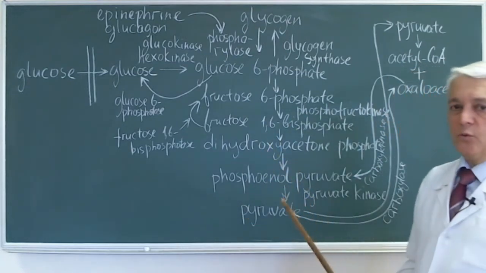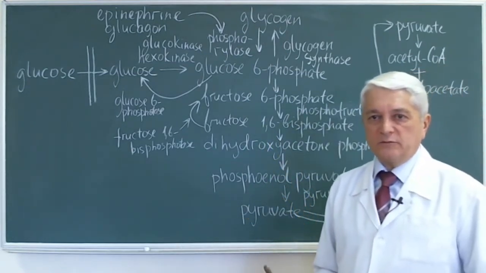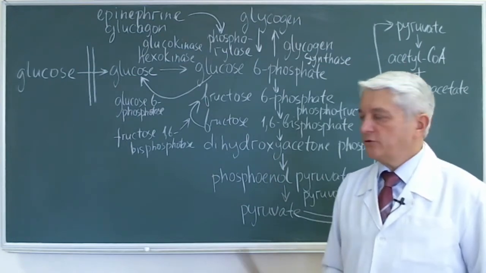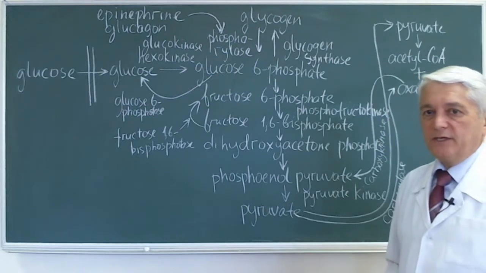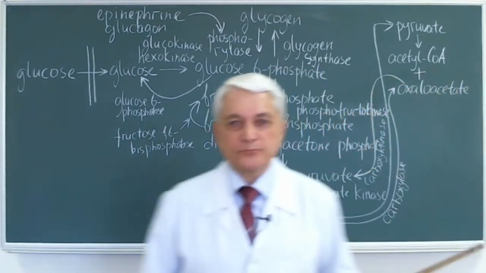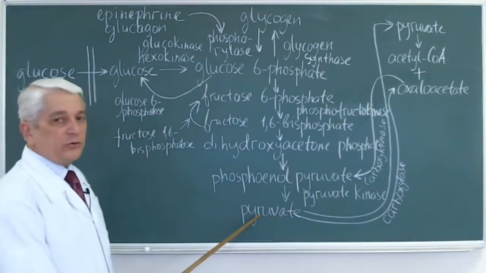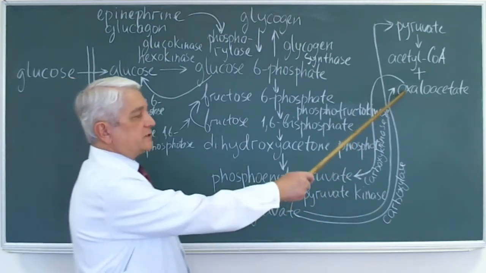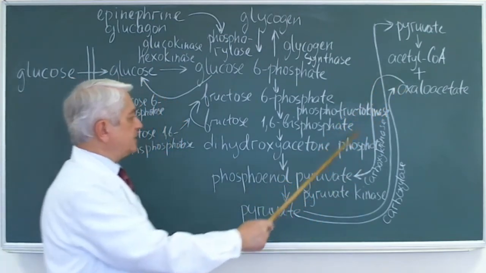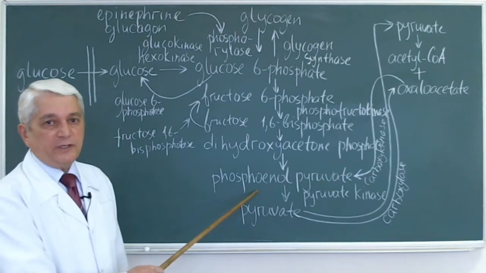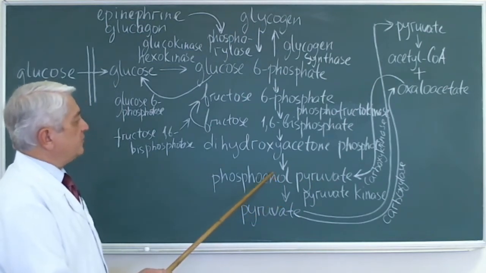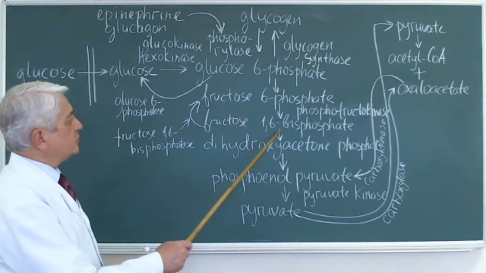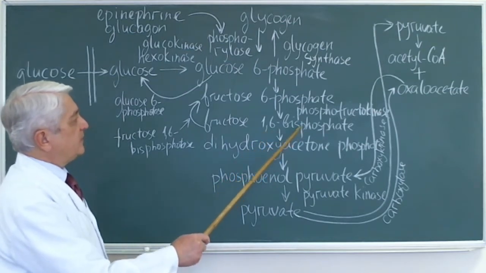So if our organism will decide to produce glucose from pyruvate, the way will be as follows. Let's look. Pyruvate will be transformed to oxaloacetate, then oxaloacetate to phosphoenol pyruvate. This is because this reaction is irreversible. Then reversible reactions to fructose 1,6-bisphosphate.